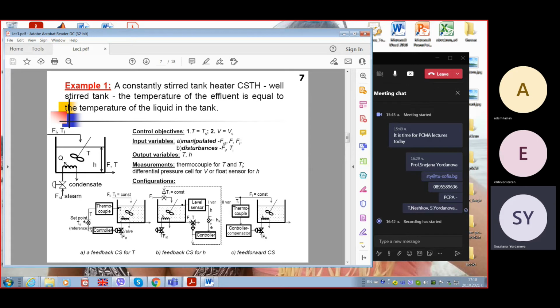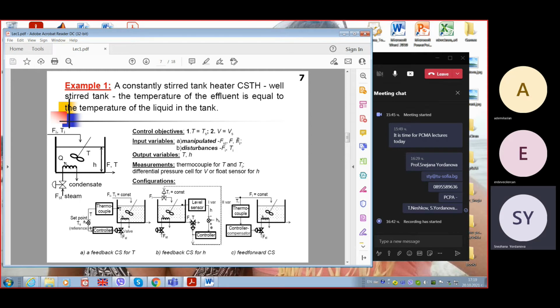What are we going to select for manipulated variables? These are variables which we are going to change: flow rate of heating agent, or we can manipulate flow rate of leaving liquid and input liquid for maintaining desired level or volume.